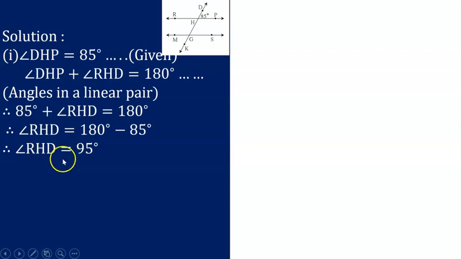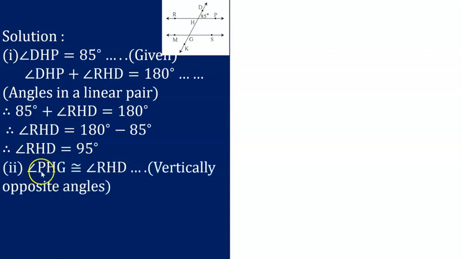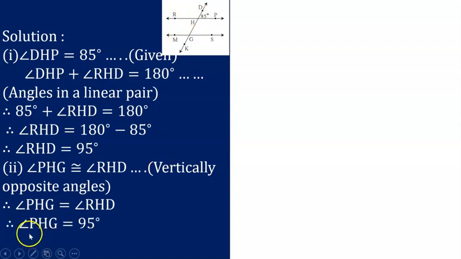Therefore, measure of angle RHD is equal to 95 degrees. Next, angle PHG is congruent to angle RHD. These are vertically opposite angles. Therefore the measure of angle PHG is equal to 95.